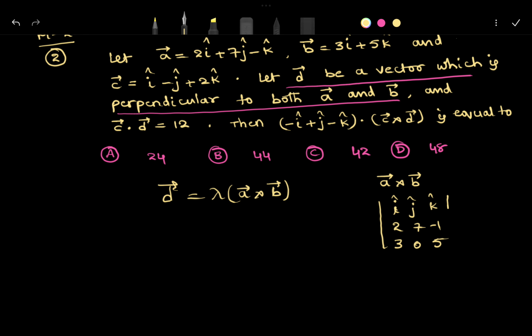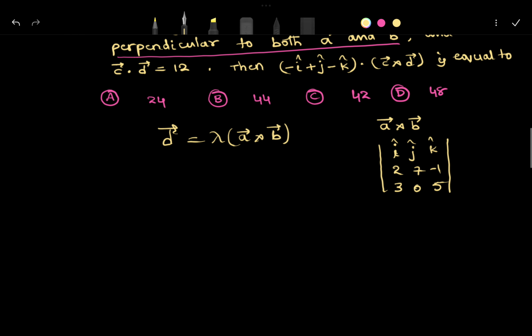Now you expand this value. This one is i cap into 35, so 35 into i cap minus j cap into (10 plus 3), that is 13. And next one is plus k cap into (0 minus 21), that is minus 21.